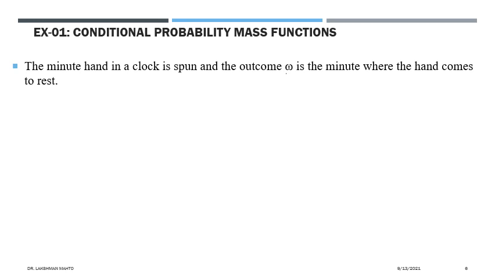And the outcome omega is the minute where the hand stops. So what are the possible values omega will take? Anyone? What are the possible values, and what would be the corresponding probability mass function, or simply the distribution? Anyone would like to say that?